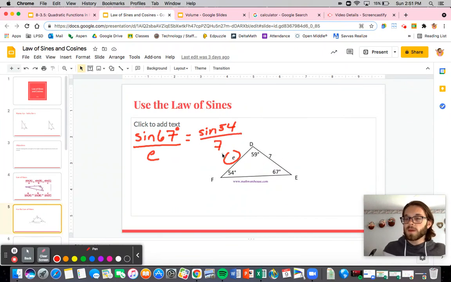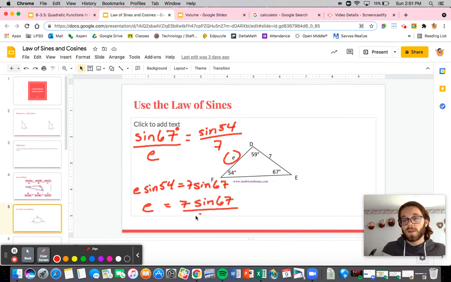Now you have to solve for E, and this is just a ratio, so all you're going to do is cross multiply. E times sine of 54 is equal to 7 times sine of 67. I'm going to divide both sides by sine of 54, so I get 7 sine of 67 degrees over sine of 54 degrees.